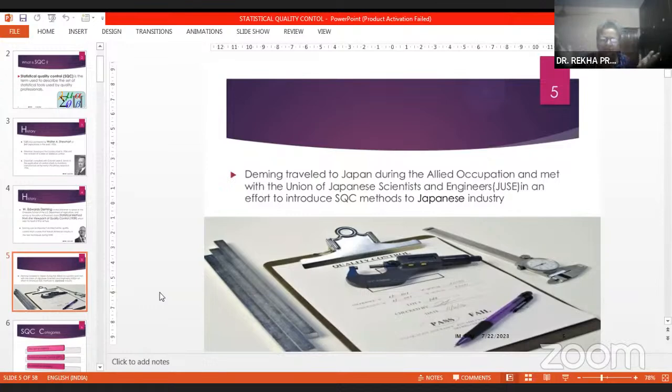Generally, people would say, "Arey Japani maal hai," meaning it is not good. But due to Deming, he taught them statistical quality control, and they improved their quality level. And today we know that Japanese goods are supposed to be of very good quality.